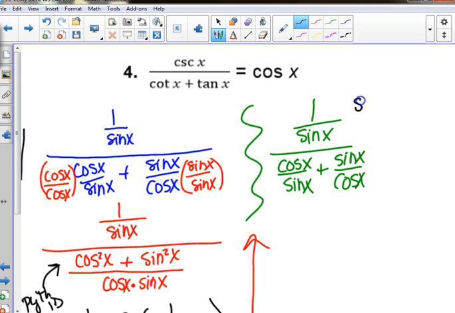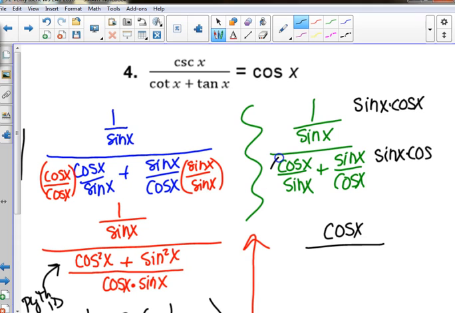If I multiply the top by sine times cosine, and I multiply the bottom by sine times cosine, when I multiply here, the sine will cancel and I just get what? Cosine, right? On the top.